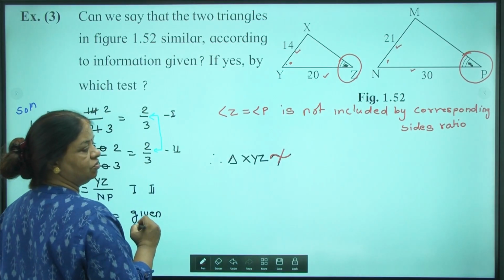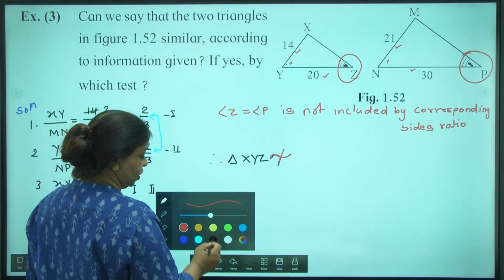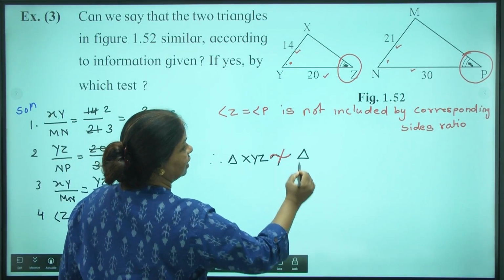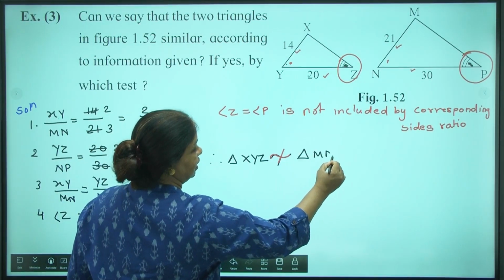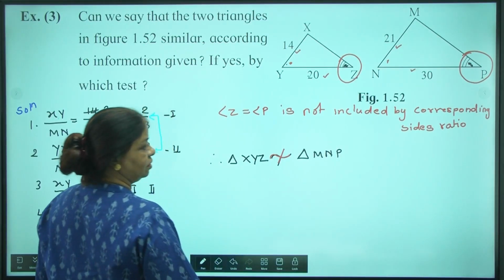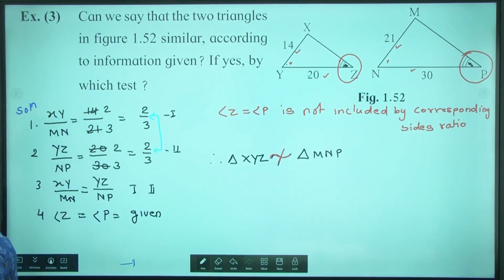Okay, this is the symbol of is not similar. Triangle XYZ is not similar to triangle MNP.